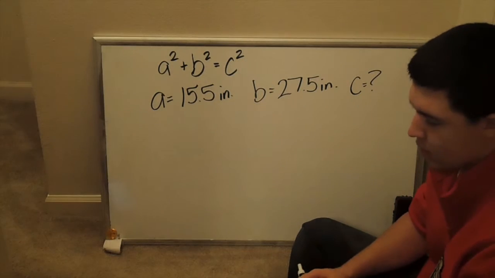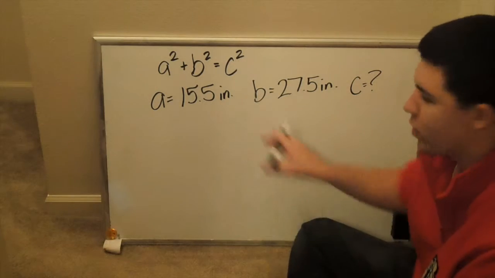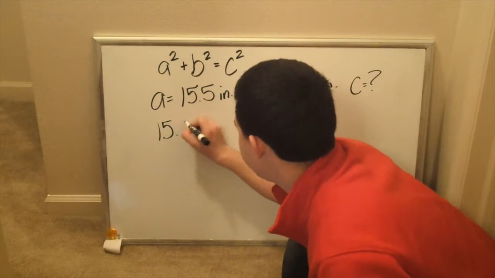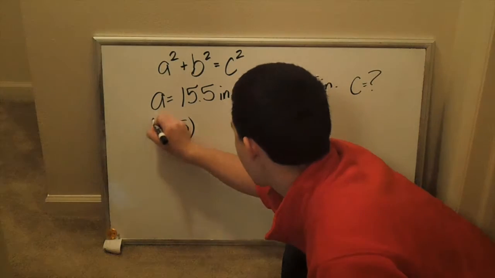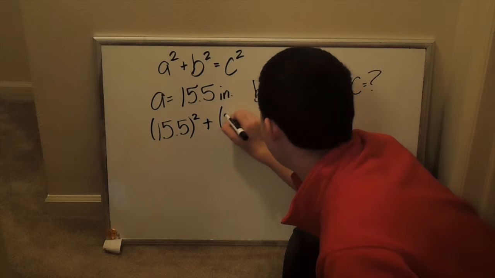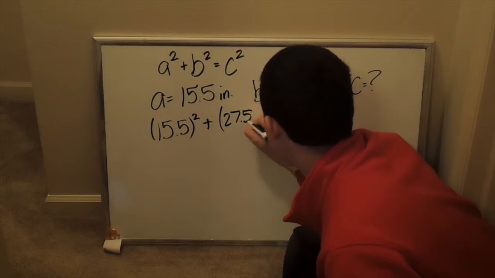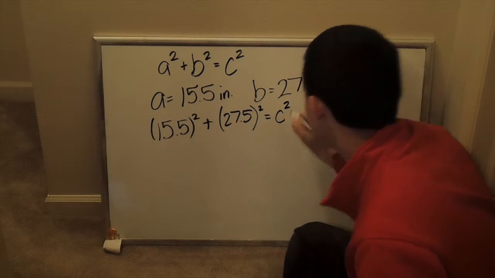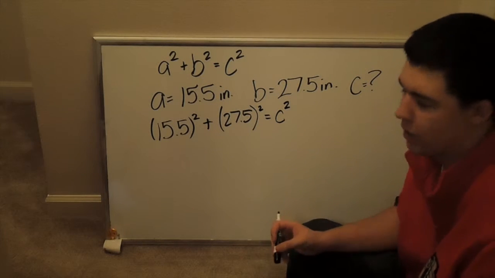And so now, if we put our numbers into the equation, we're going to get 15.5 squared plus 27.5 squared. It's going to equal c squared, which is our diagonal squared.